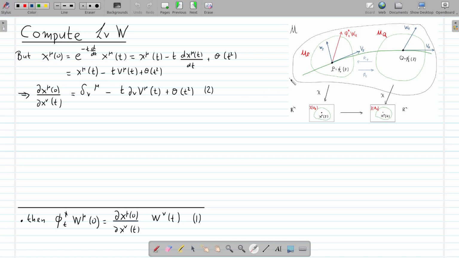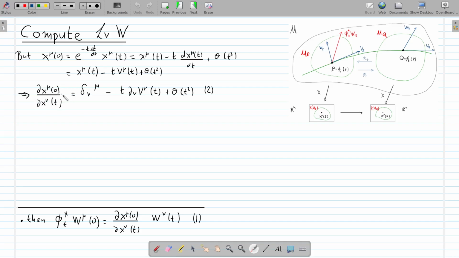So this defines the values of these functions in the neighborhood of x mu of 0 and in the neighborhood of the point Q. So this is a mental exercise because this does not make any sense mathematically.